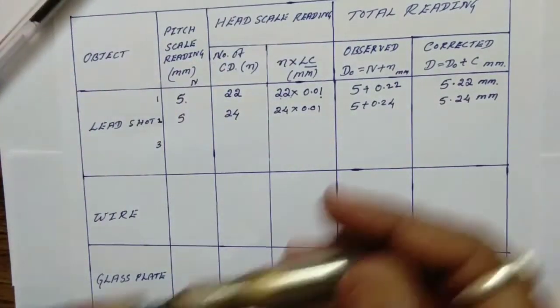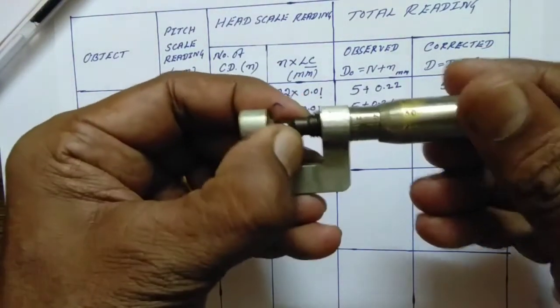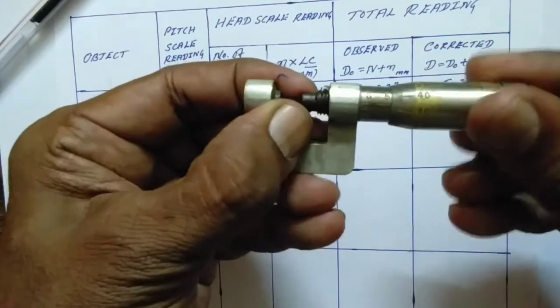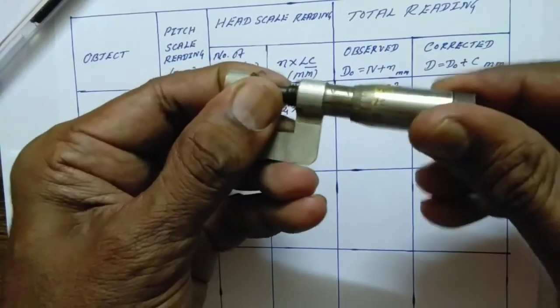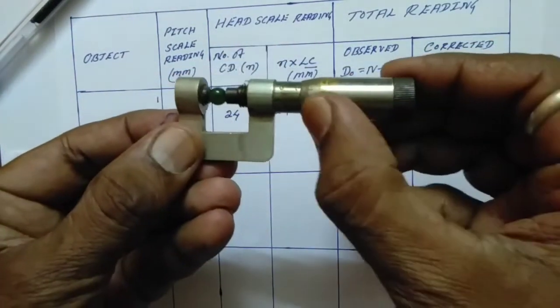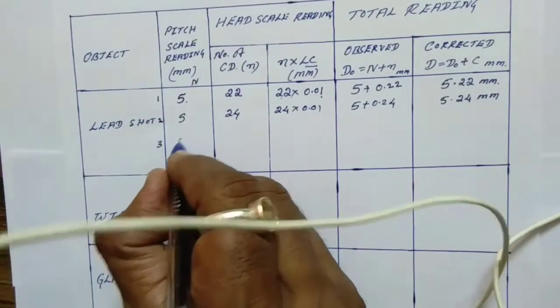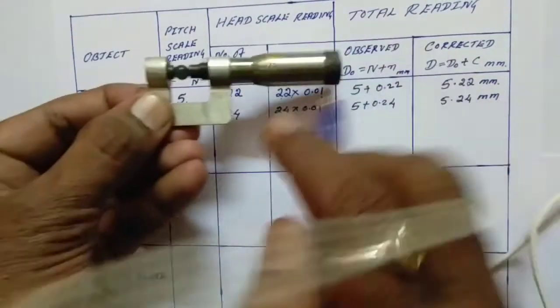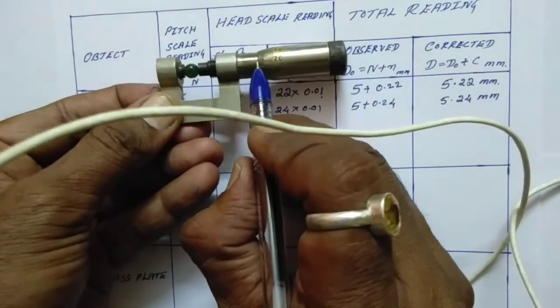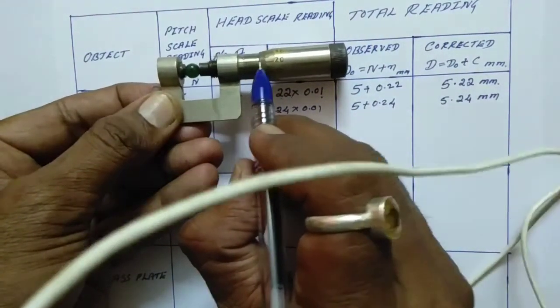Very simple. Now for the next one, turn once again somewhere else, then tighten it. Then you find out 5, of course the 5 will never change. 5 is as it is. Now you see here how much? 23 maybe, 23.